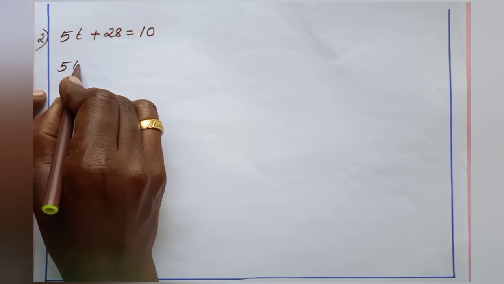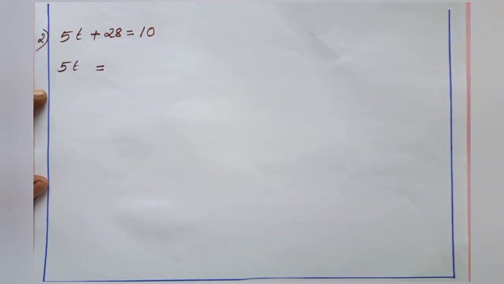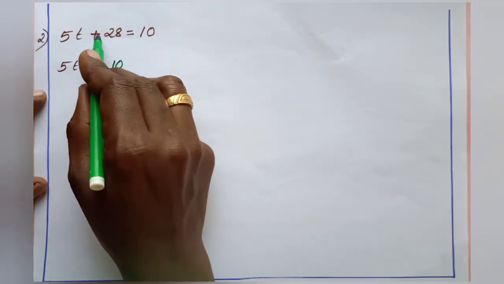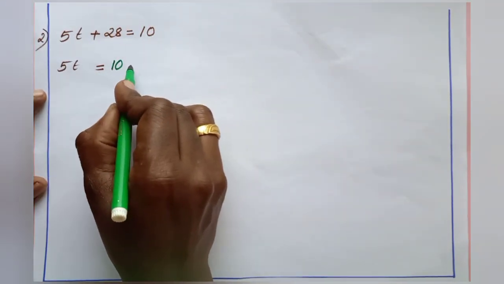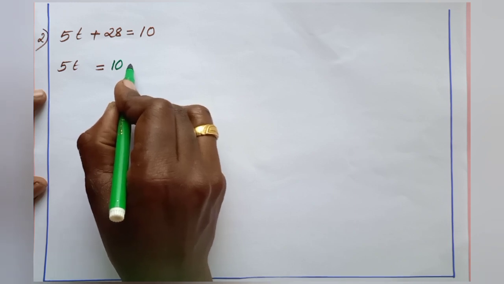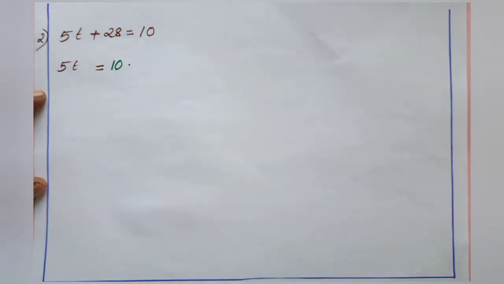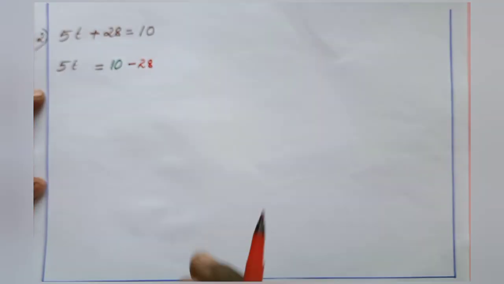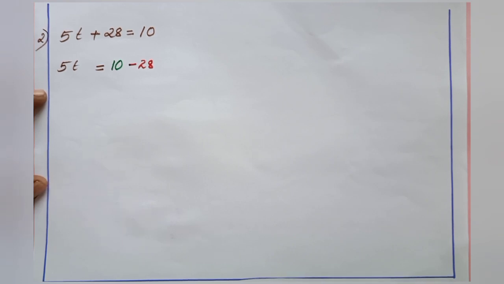So we get 5t equal to 10. Then positive 28 transposed to the right side changes its sign and becomes minus 28. Positive numbers transposed to the right side change the sign to negative.